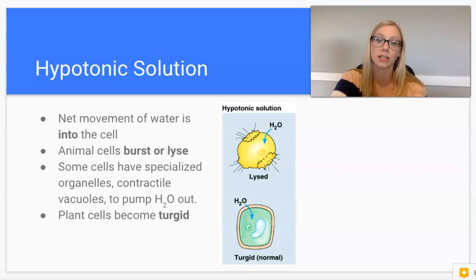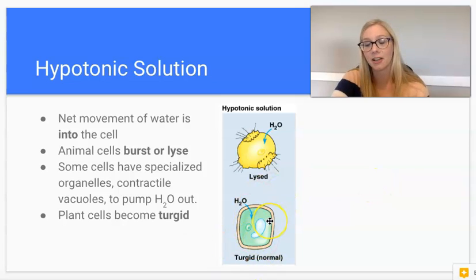And then a hypotonic solution, how would water move if that cell is put into a hypotonic solution? Well, if you have an animal cell and you put it into a hypotonic solution, right, water is going to move into the cell, and sometimes if too much water moves in, that will cause the cell to burst or lyse, we say. Some cells actually have specialized organelles that will help pump water out in order to avoid this.